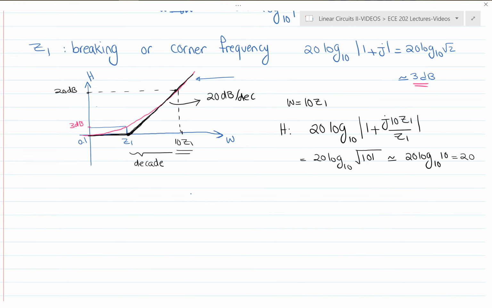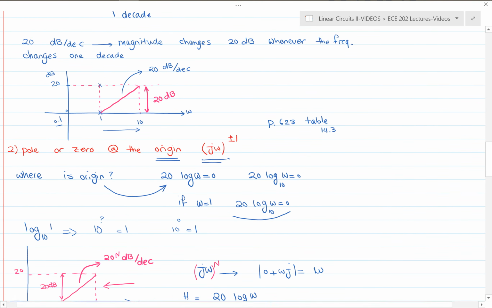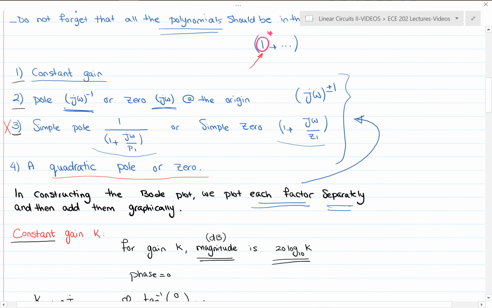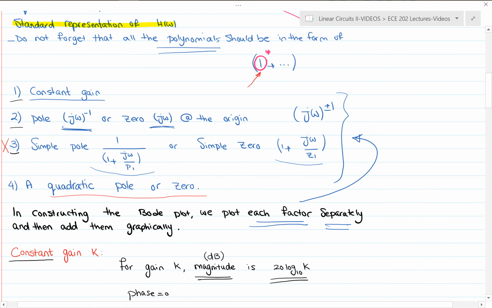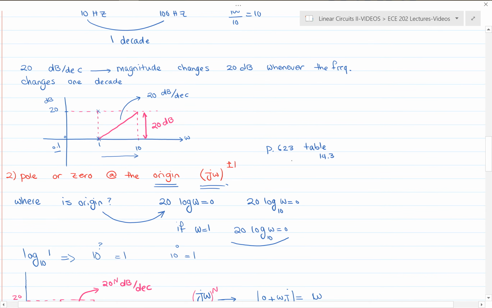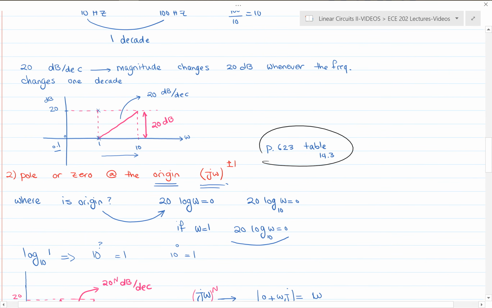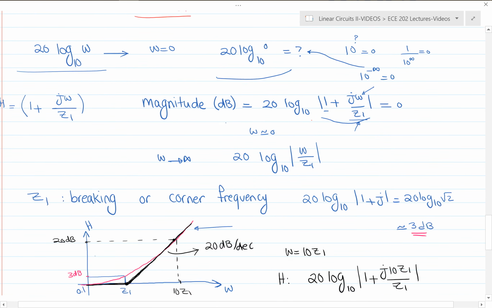As you can see in table 14.3, oh, here it is, table 14.3, you can see that we have the waveform of simple 0 as this one.